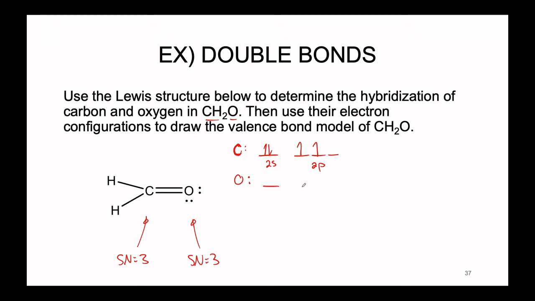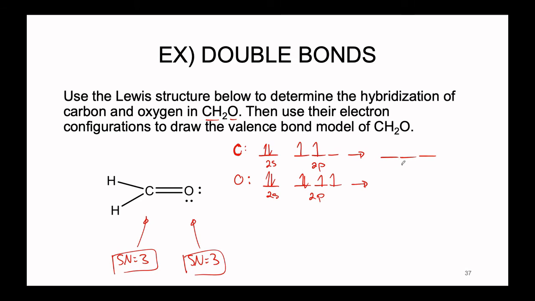Oxygen is going to have the same exact valence shell with a 2s orbital and a series of 2p orbitals, and its valence electron count is 1, 2, 3, 4, 5, 6. Now, according to the steric numbers that we have observed here, in order for the 2 atoms to come together and bond in this particular configuration, they are both going to need to form sp2 hybridization.